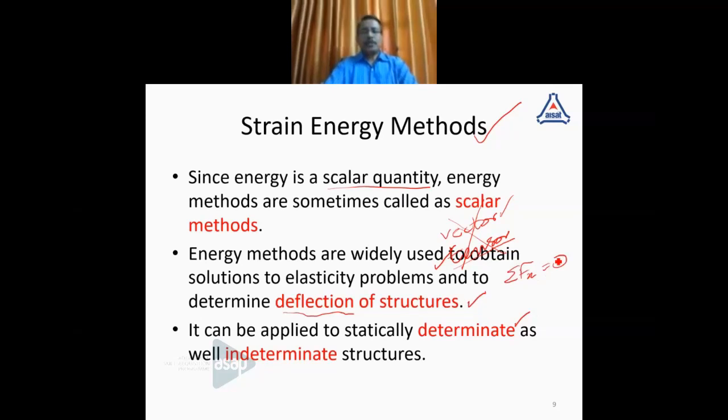This is used to ensure equilibrium in a problem of statics. Another equation used is sigma Mx, that is the sum of moments about the point x, equal to 0 in equilibrium.